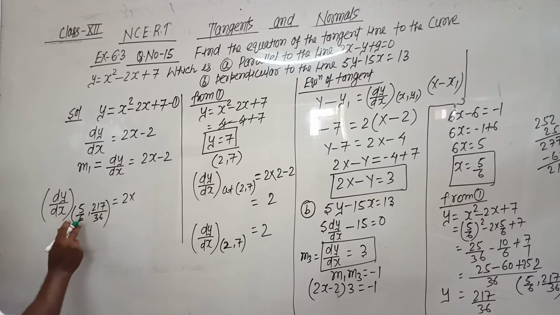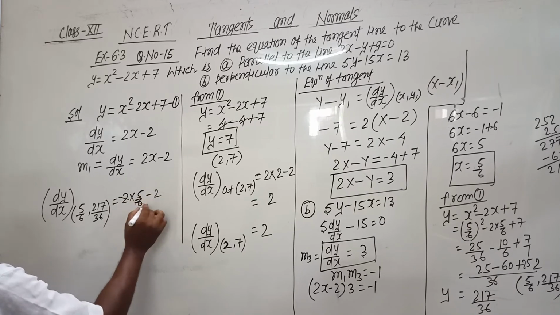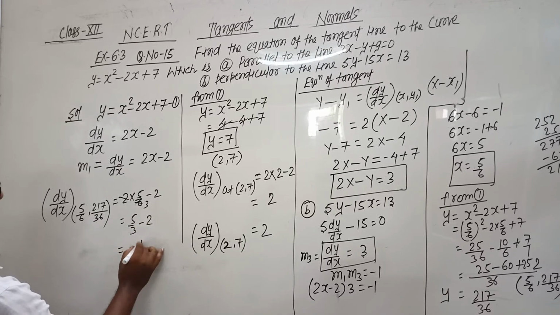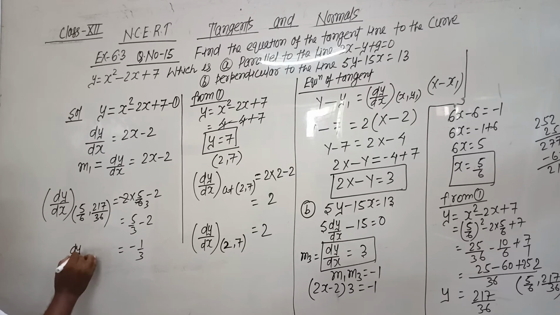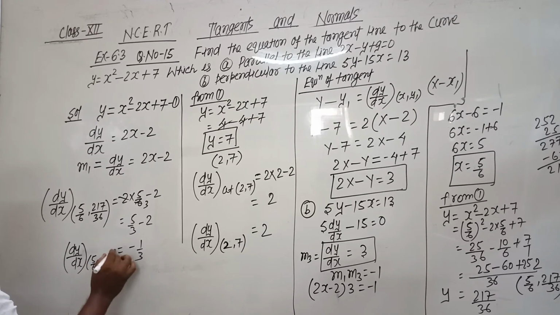The value of x is 5/6, so 2 times 5/6 minus 2. This comes to be 5/3 minus 2, which is minus 1/3. So this is the value of the slope of the tangent, dy by dx at (5/6, 270/36), which is minus 1/3.